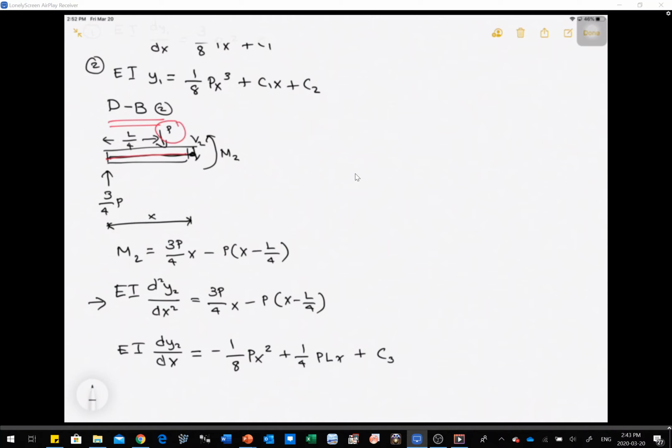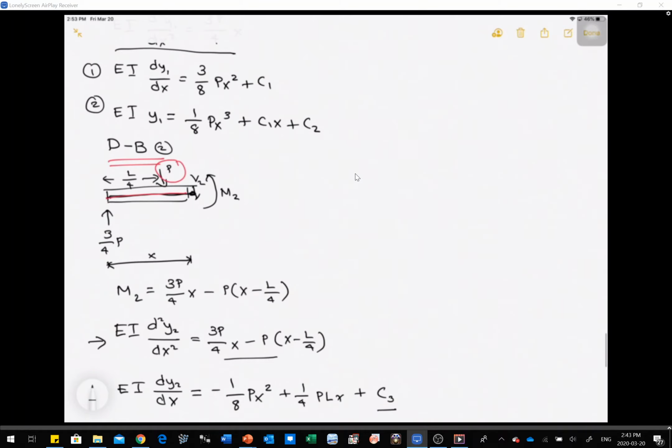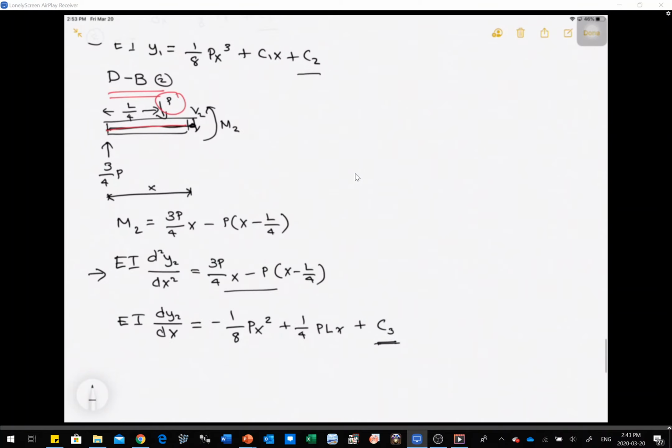Note that I combined something here, I combined these two. Now, I have this equation with C3. I use C3 instead of C1 and C2 because I already defined the value of C1 from this equation, and that's the value of C2. Now, I have C3 right here.